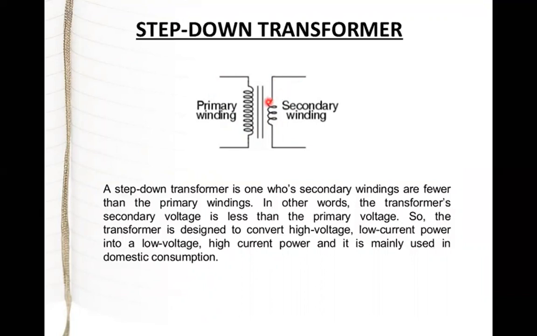So if you have fewer turns on the secondary coil, less induced EMF can be seen in the secondary coil. So the transformer is designed in such a manner that it converts high voltage with low current power into low voltage with high current power. So this is called a step down transformer, basically used for domestic appliances, especially a mobile charger.